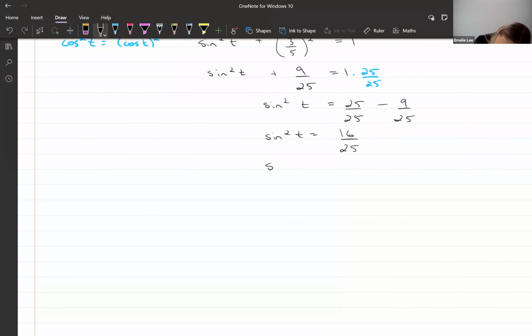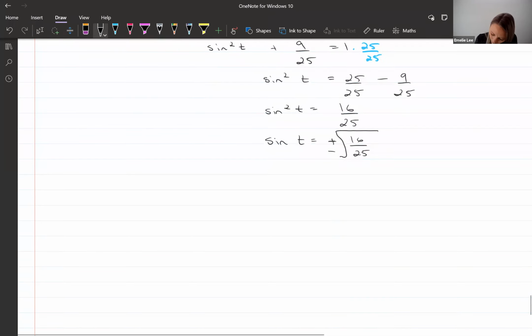And so I get sine t is the plus minus square root of 16 over 25. That square root can get split up because I'm dividing inside. And so sine t is the plus minus of root 16, which is 4, over the root of 25, which is 5.